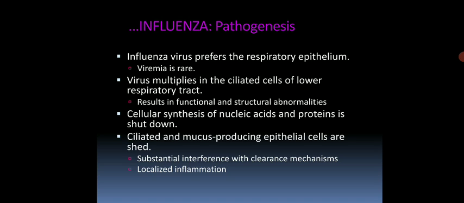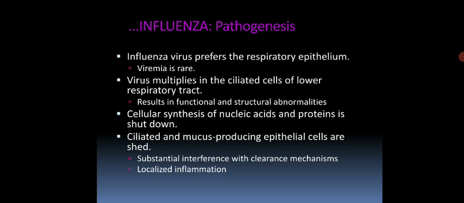Influenza virus prefers the respiratory epithelium, and viremia is rare. The virus multiplies in the ciliated cells of the lower respiratory tract, resulting in functional as well as structural abnormalities, and cellular synthesis of nucleic acid as well as protein is shut down, and ciliated mucus producing epithelial cells are shed.